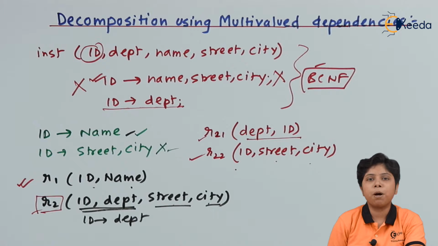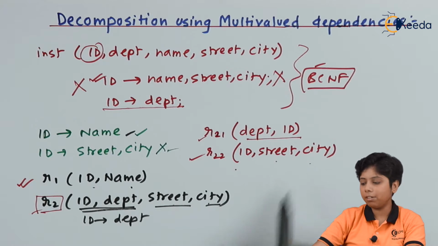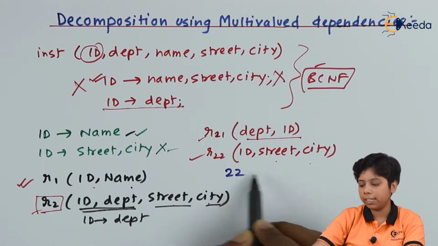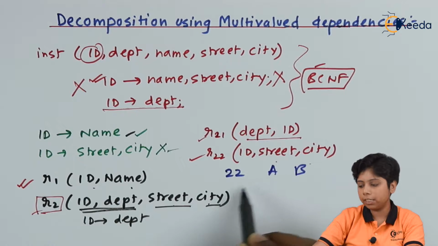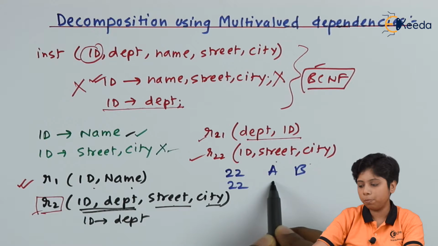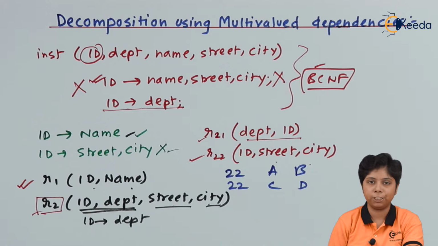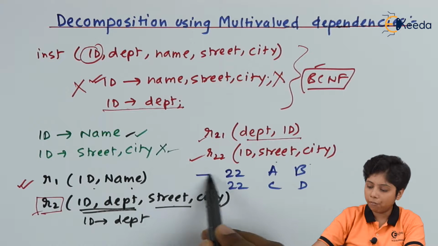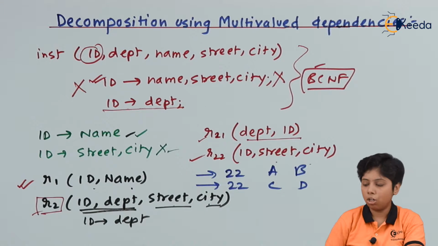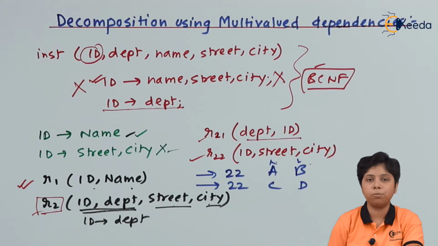When we talk about multi-value dependency, we are not taking a particular attribute, rather we are taking a tuple or a record. This means for one ID there could be a street and city, and for this ID there could be another street and city combination. That means we are referring to a tuple here, not a particular attribute value.